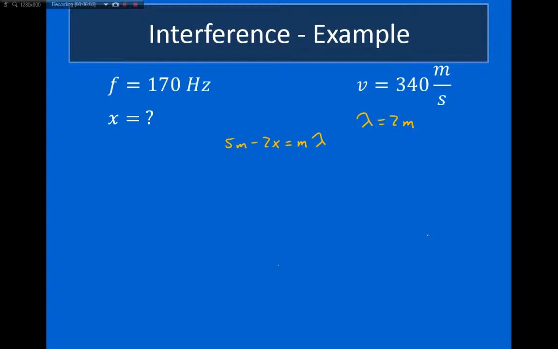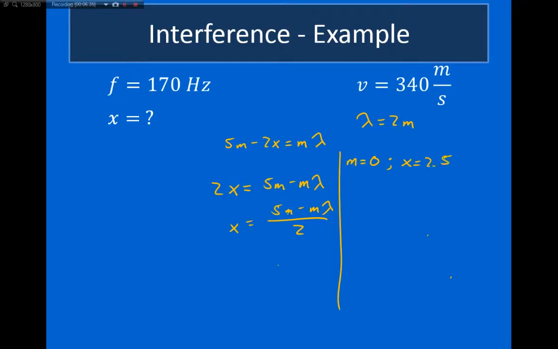So solving for x, we see that 2 times x is equal to 5 meters minus m times lambda. So x is equal to 5 meters minus m lambda over 2. And from here, we can just plug in different values of m. So if I plug in m equals 0, I have 5 minus 0 divided by 2, and we have that x is equal to 2.5.